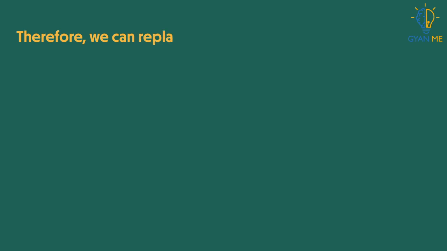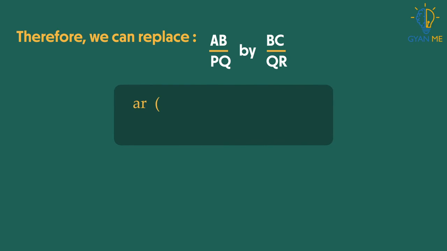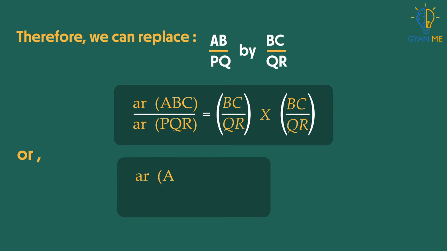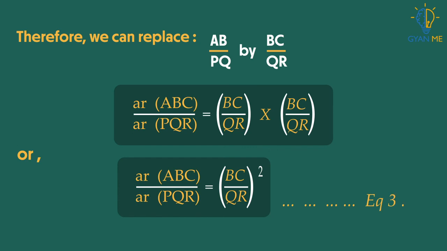Therefore, we can replace AB upon PQ by BC upon QR in our equation 2. And so, the equation will become area ABC upon area PQR is equal to BC upon QR multiplied by BC upon QR. Or we can say area ABC upon area PQR is equal to BC upon QR whole square.